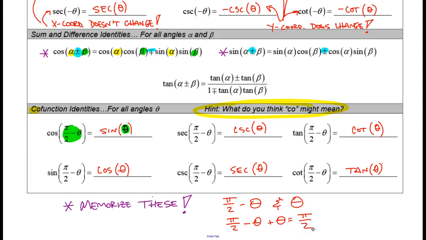And if I have two angles that add up to pi over 2, don't forget that's 90 degrees, we call those angles complementary. So that means pi over 2 minus theta and theta are complements.